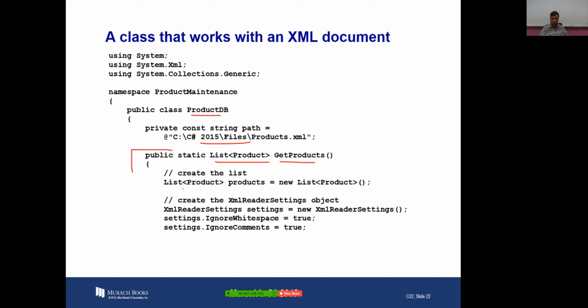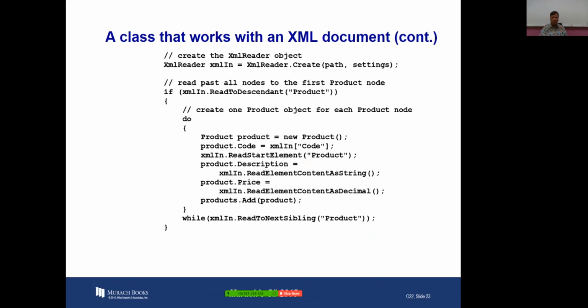And so we create a new list called products. It's a list of type product. And here we're setting the settings for this reader. We're going to ignore the white space. We're going to ignore the comments.